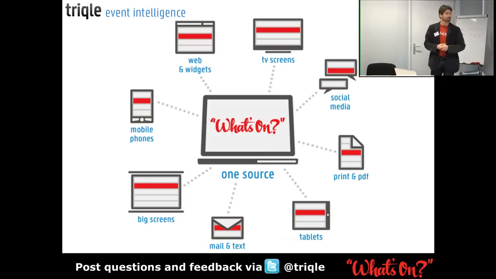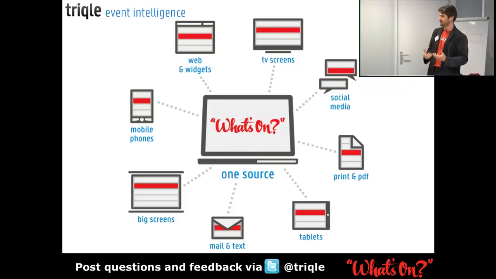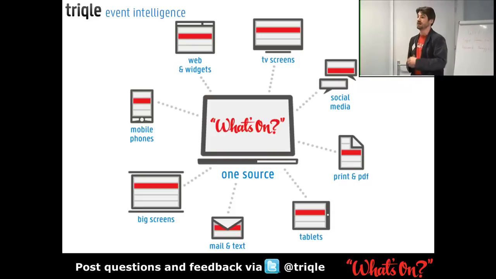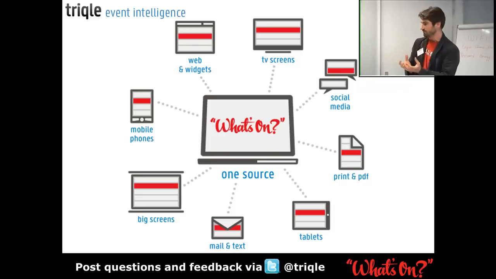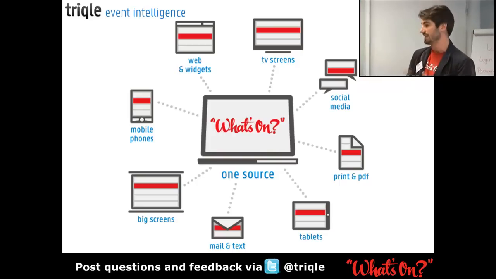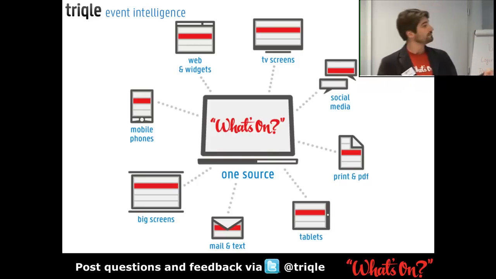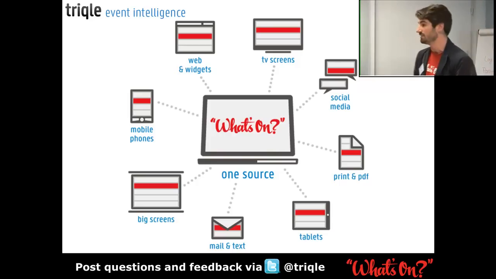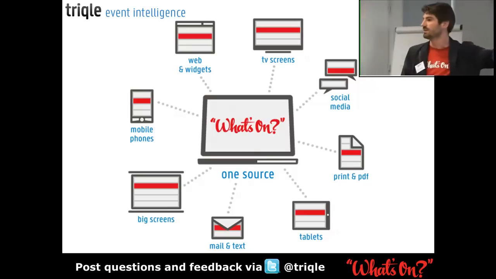That's What's On. What's On is an online service, so it's a website, which is a place where you can enter and maintain your program information, what's going on, when and where, and what it's about. And from that single source, it's displayed on any device that has an internet connection. Well, and all these devices do have an internet connection. You might say, wait a minute, print and PDF.